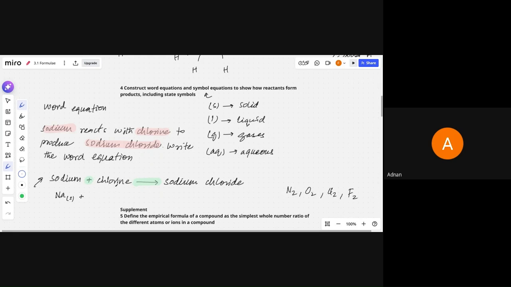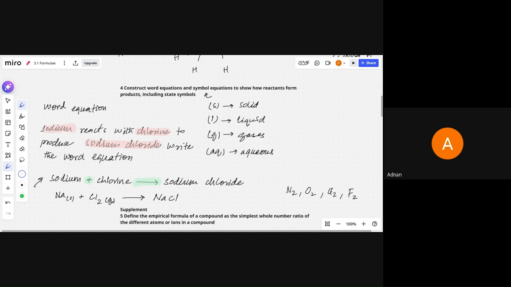Since chlorine is not a metal, we cannot write just Cl, it must be Cl2. And again the state: we know that chlorine is a gas, so we will write g. As I've mentioned earlier, the state symbols are written at the bottom right of the symbol, and then the arrow, and then sodium chloride, which is going to be NaCl, right?